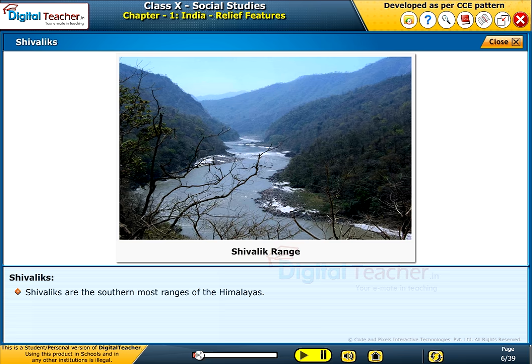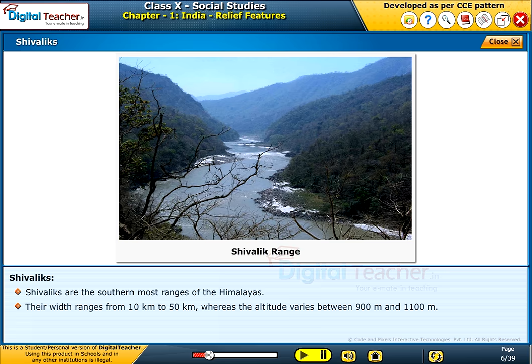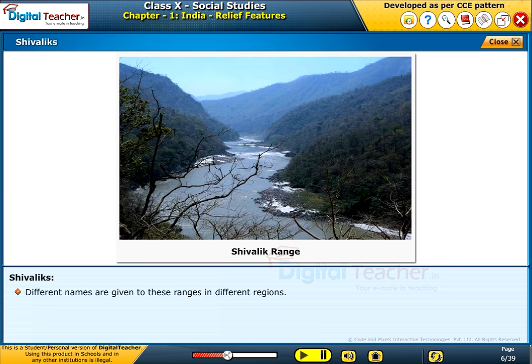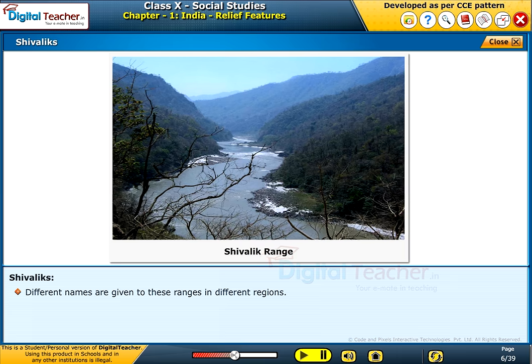Shivaliks. Shivaliks are the southernmost ranges of the Himalayas. Their width ranges from 10 kilometers to 50 kilometers, whereas the altitude varies between 900 meters and 1100 meters. Different names are given to these ranges in different regions.